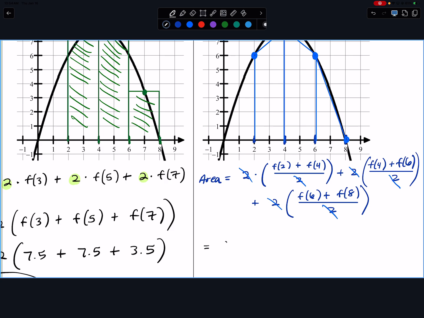You get f of 2 plus, check it out, we have an f of 4 and another f of 4, so plus 2 times f of 4, plus we have an f of 6 and another f of 6, so 2 f of 6, plus f of 8.